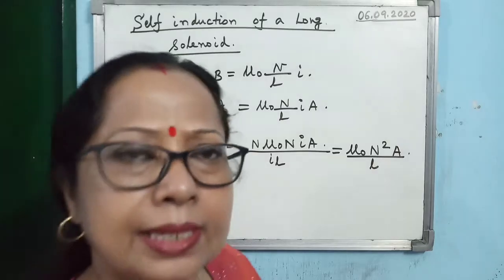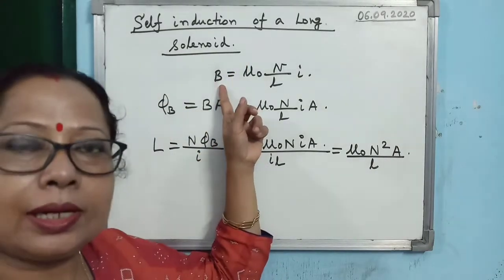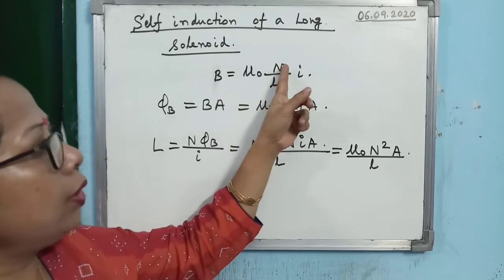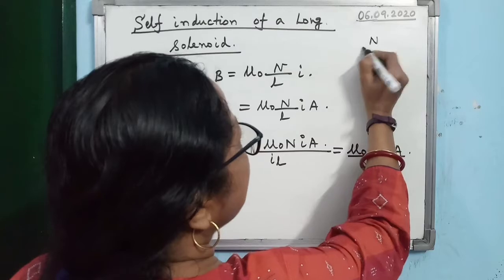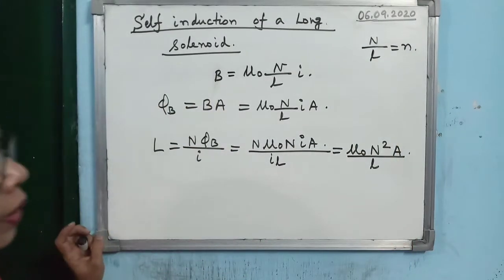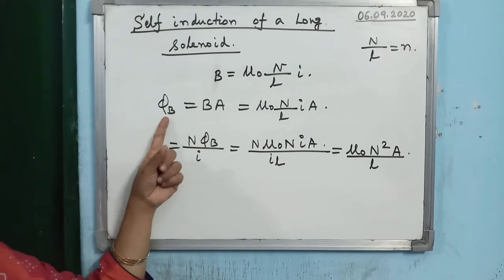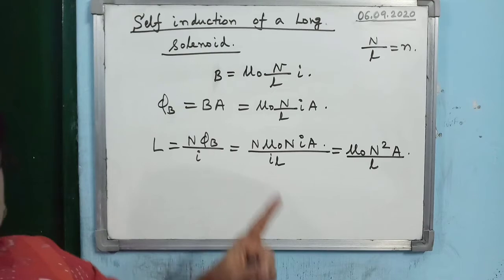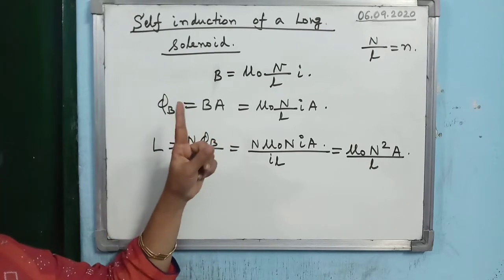Very simple, very easy derivation. You know, for a solenoid, what is the magnetic field given by it? Mu 0 N by L into I. N by L, you can use this one also, that n is the number of turns per unit length, small n. Okay, so B is mu 0 n I. So what will be the magnetic flux linked with each turn of the coil? It will be B dot A, means BA cos 0 degree, which is 1.